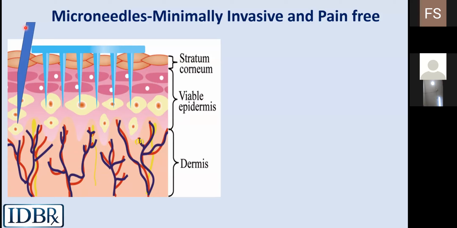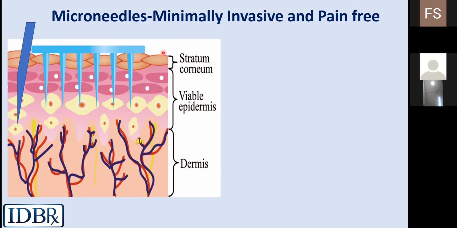So scientists hypothesized, why not we make microneedles that would penetrate only into the stratum corneum and epidermis? Because once the molecule is released here in the epidermal region, it would eventually diffuse into the dermis and get absorbed into the systemic circulation, right? So if the needles are just enough to penetrate into the epidermis and not reach far enough down to the dermis to touch the nerves, then it could be a pain-free way of delivering drugs, right?